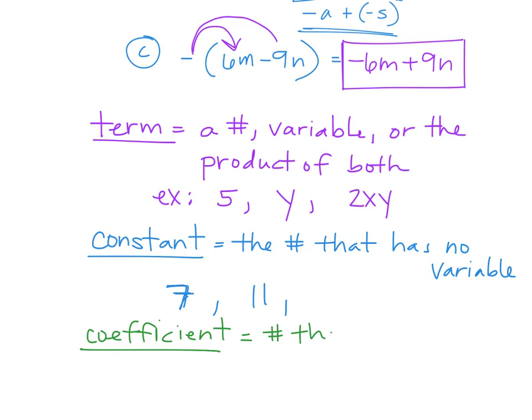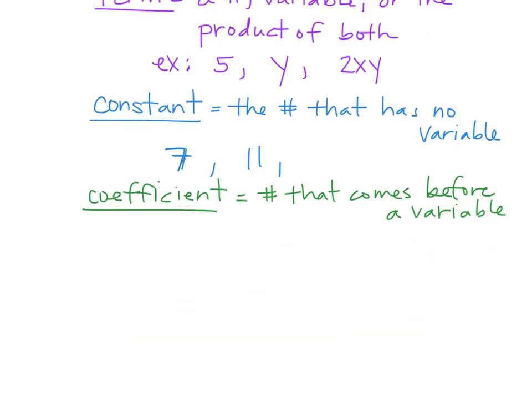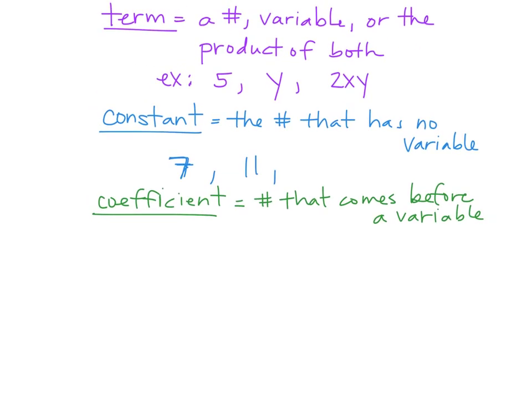So for instance, if I have 2z, my coefficient right now is the 2. It's the number that comes in front of it.